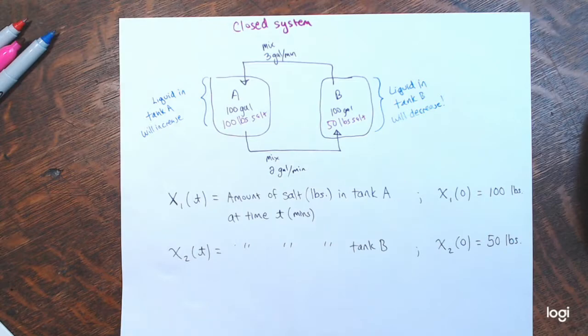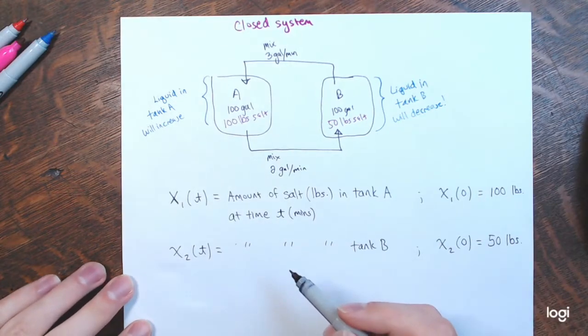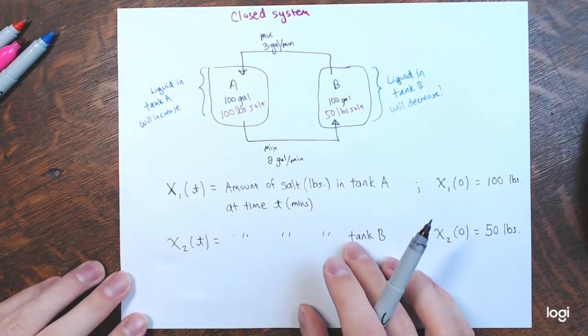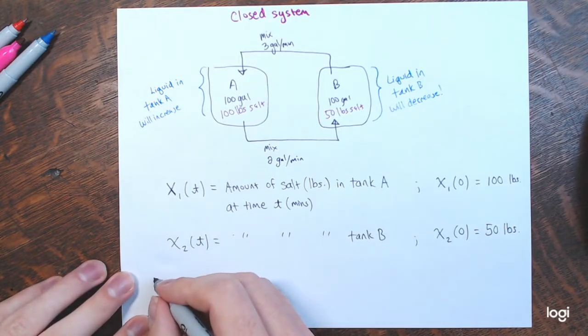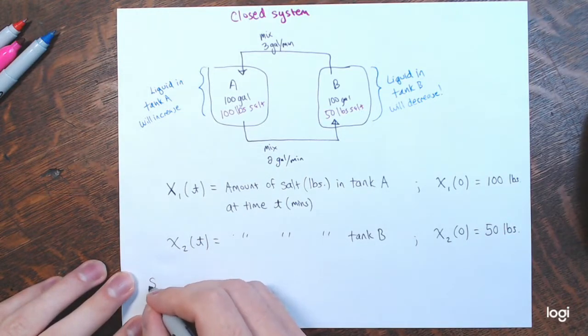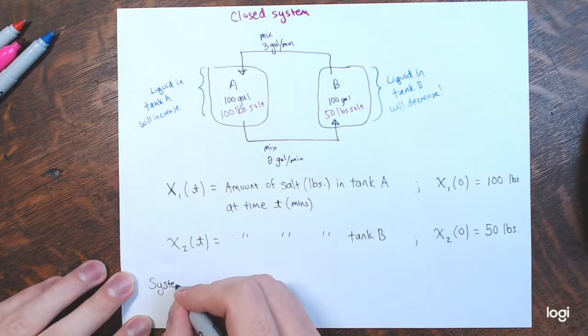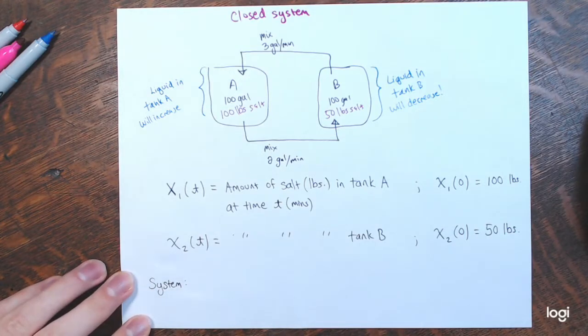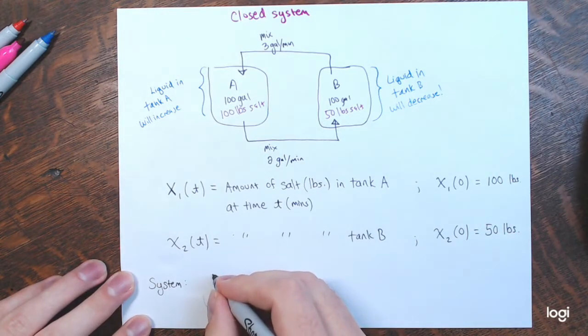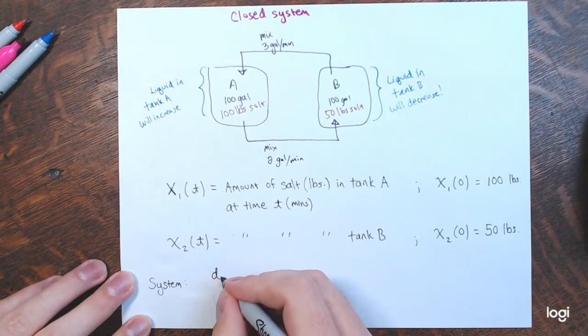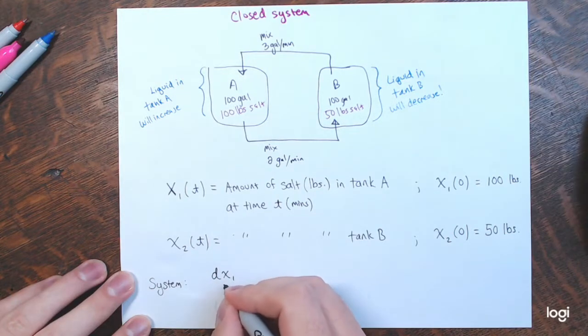So as before, we can start with setting up a system. Now I'm not going to write the R in, R out this time. I'll just write what they are. Right. So let's talk about tank A and the change of the amount of salt in tank A over time.